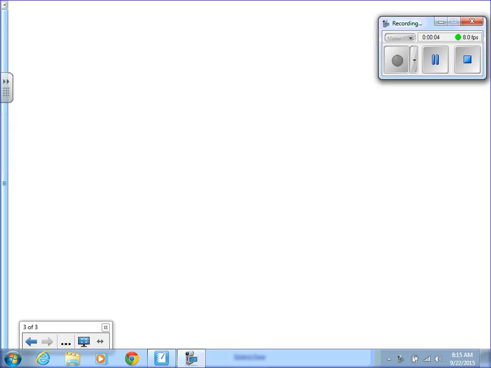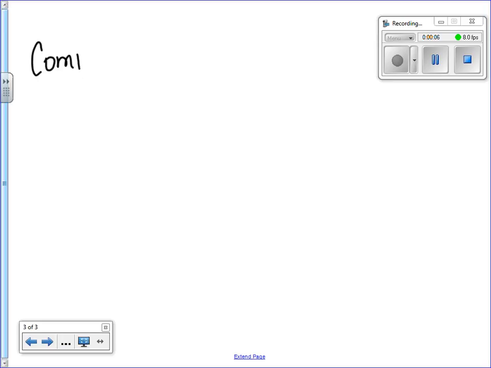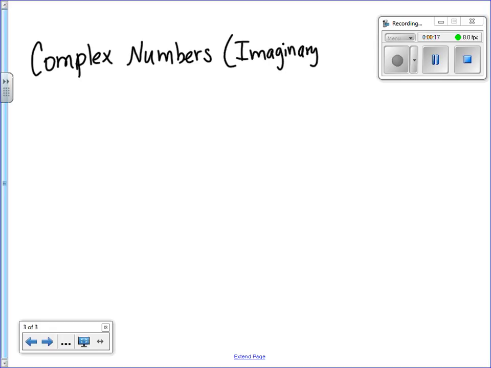We're going to look at complex numbers. These numbers aren't imaginary like your best friend from when you were 3 and 4 years old.